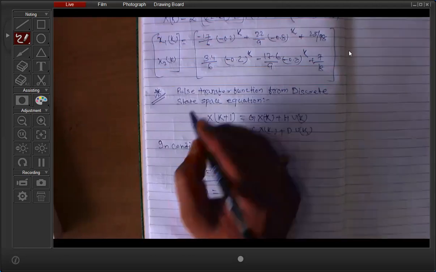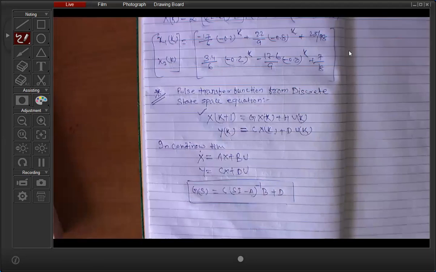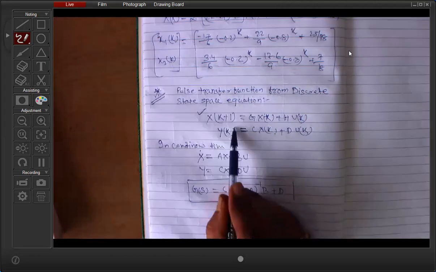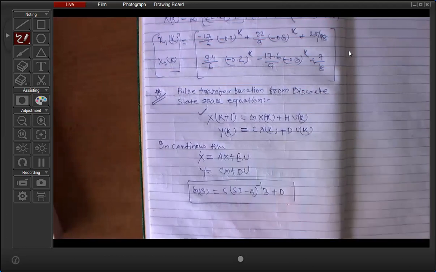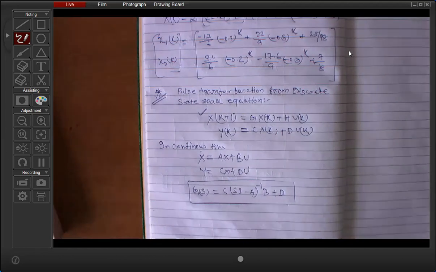Okay, that means initially you know the state space equation of the discrete time system, that is x(k+1) is equal to G x(k) plus H u(k) and y(k) is equal to C x(k) plus D u(k), and the G, H, C and D matrices are given to you. Now we have to find out the pulse transfer function. In the previous class, I told you how you can represent the pulse transfer function in the state space equation.